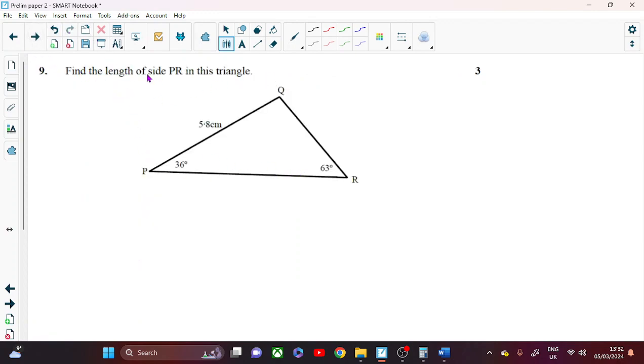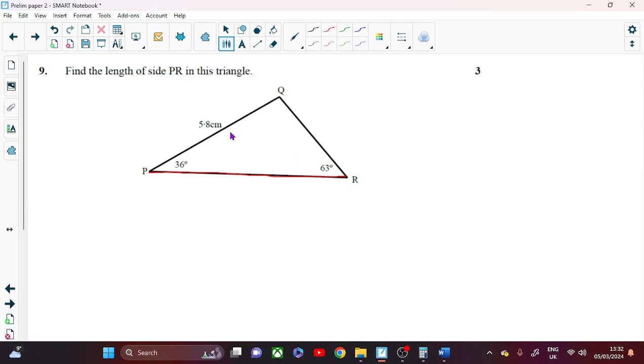Right, find the length of side PR in this triangle. We have got two angles on one side, and we're looking for this side. We don't have a cosy angle here. If we had this side and this side and this one, we could find that one.